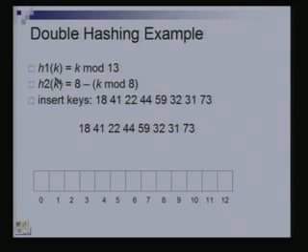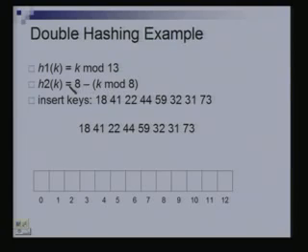Okay, I have two hash functions h1 and h2. h1 is the same as before, k mod 13. The elements are also the same as before. We have a table of size 13. h2(k) is my second hash function and is 8 minus k mod 8.